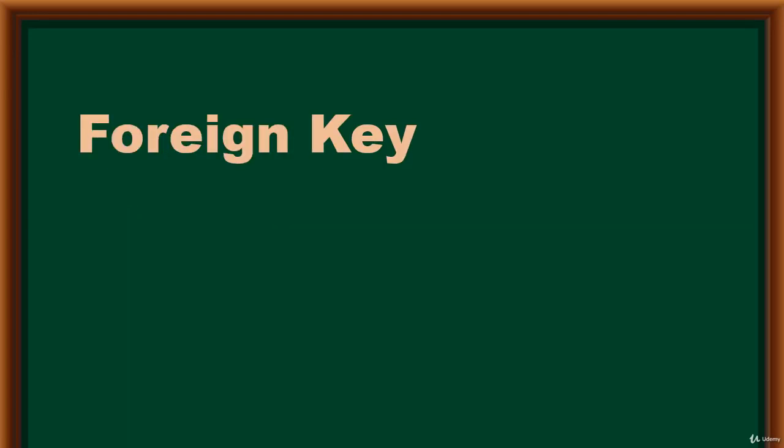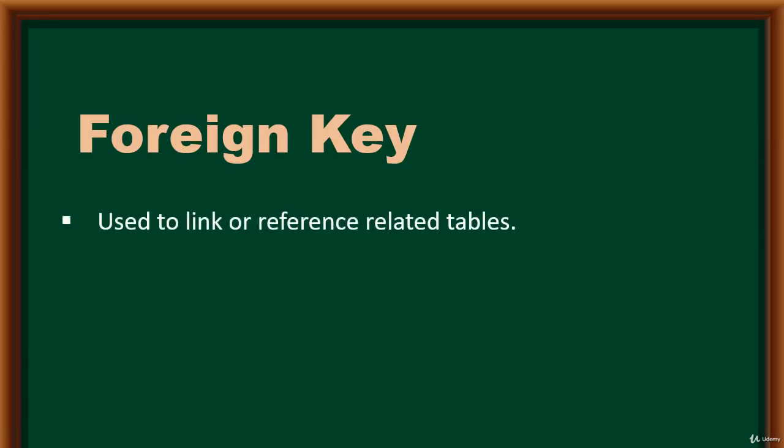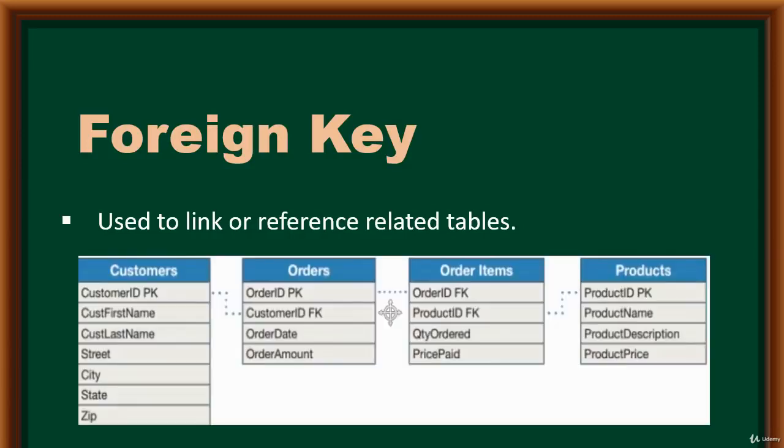The next concept is a foreign key. A foreign key basically is a key that is used to link two tables together. So a foreign key can also be a collection of fields in one table that refers to the primary key in another table. So again, using this illustration here, in this table, for example, we've got customer ID as the primary key, while in this table called orders, we've got customer ID as the foreign key.